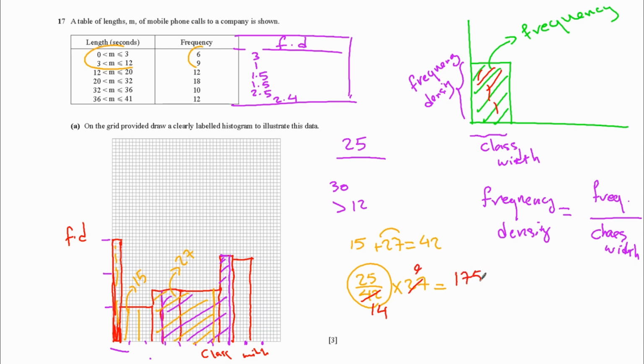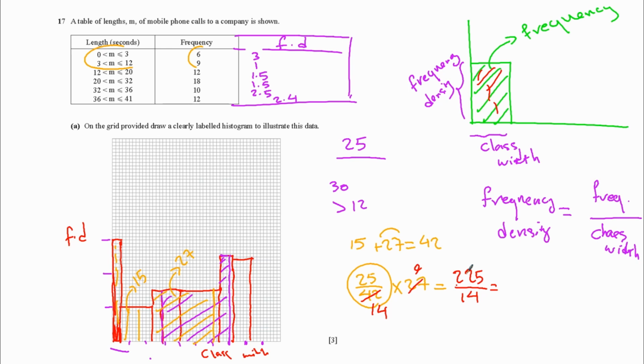So it's not 175, my mistake. 9 times 25 would be 225. So I'm just going to divide this on a calculator: 225 divided by 14, and that would give me 16.07.